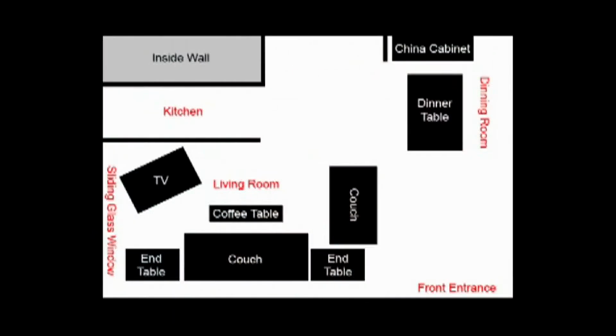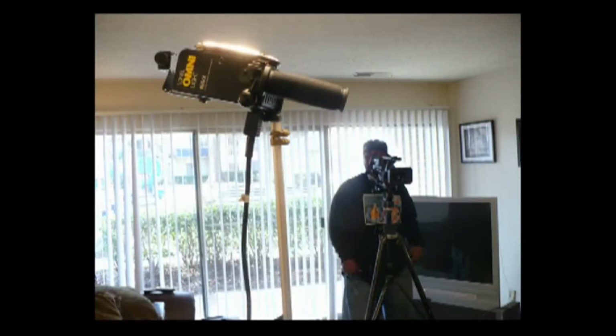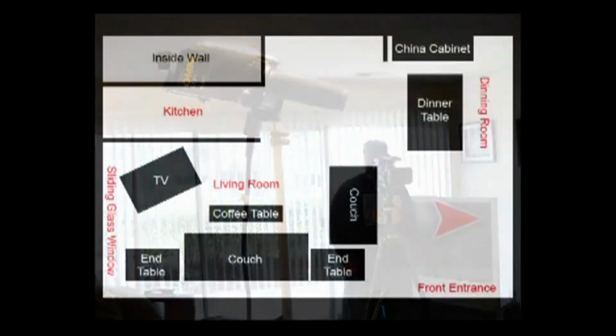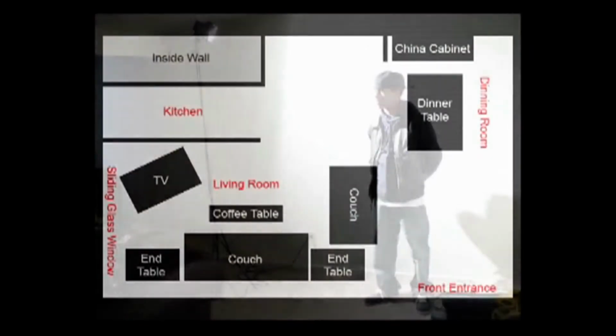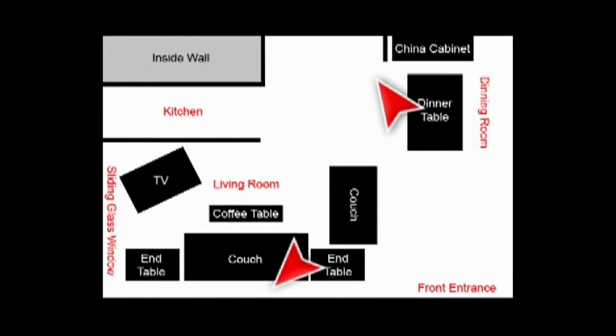In scenarios 2 and 3, we use natural light provided by the sun shining through our glass window located here. We filmed our subject against this wall located here, and our fill and key light were located here for each scenario.